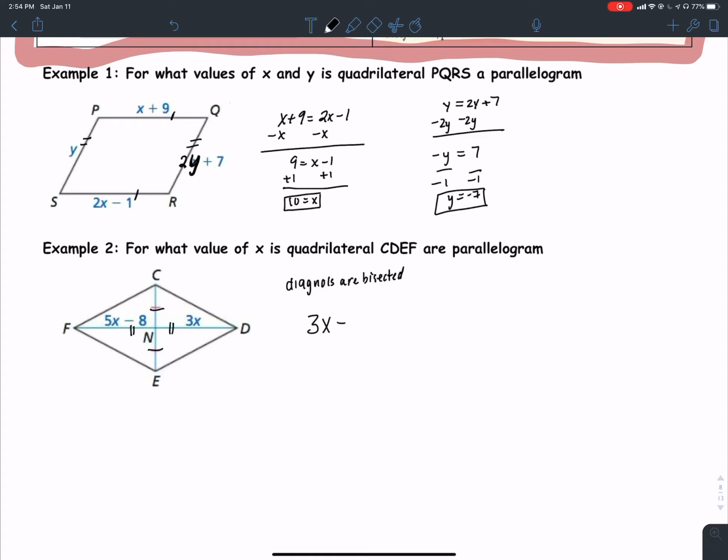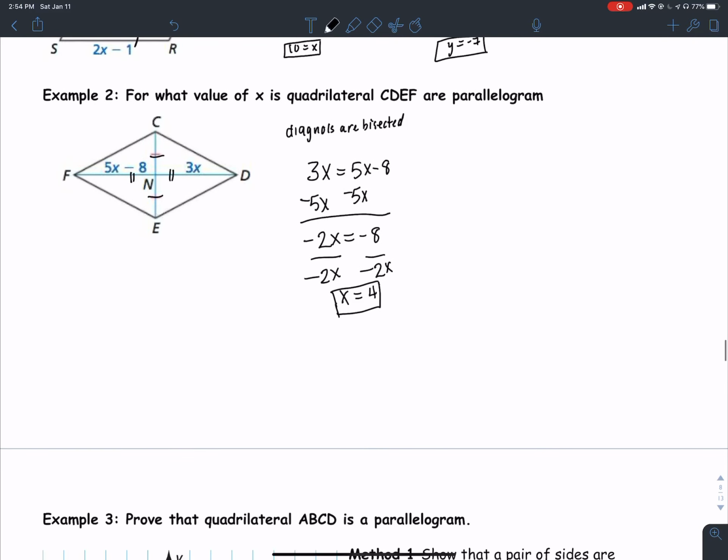So we know 3x equals 5x minus 8. So we're going to subtract 5x from each side. So negative 2x equals negative 8. Divide by negative 2. So x is 4. So it's nothing different than we've done before. Okay?